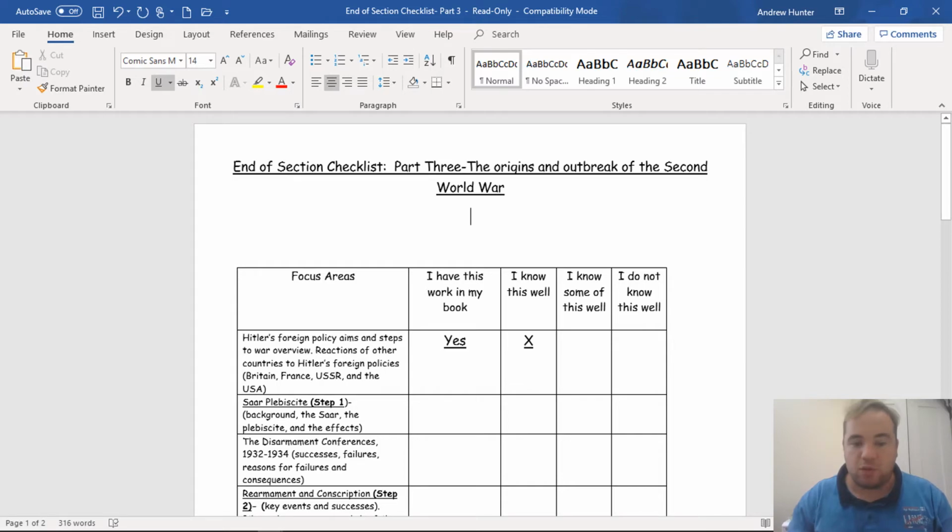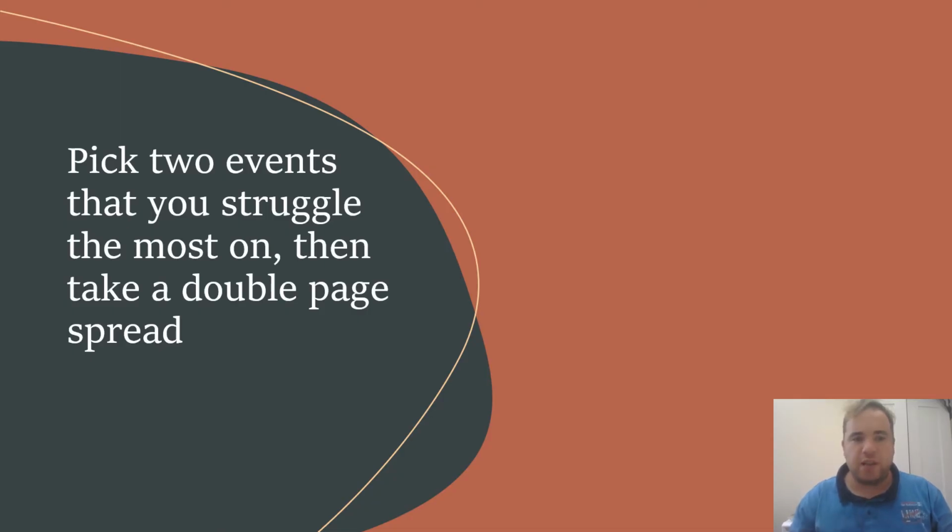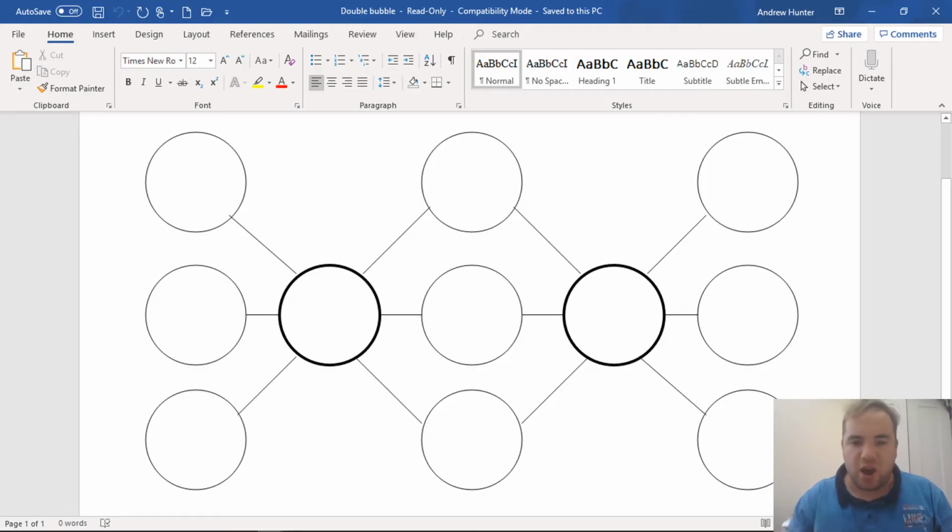Very important. Then once you've done that, pick two events that you perhaps struggle the most on and take a double page spread in your book. What I would like you to produce is something known as a double bubble mind map.